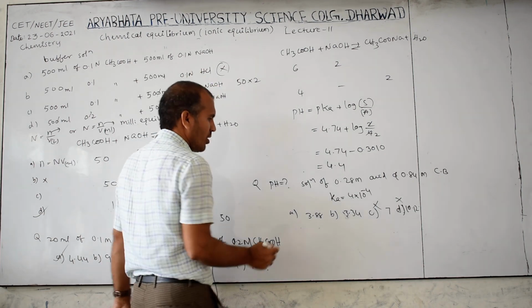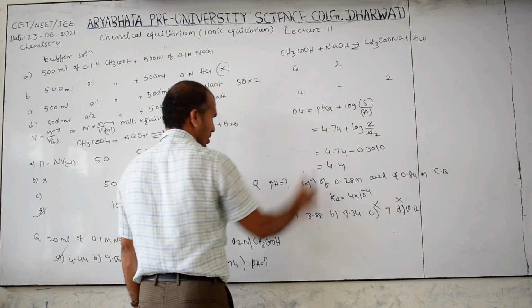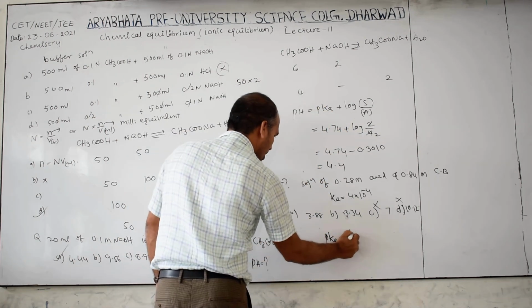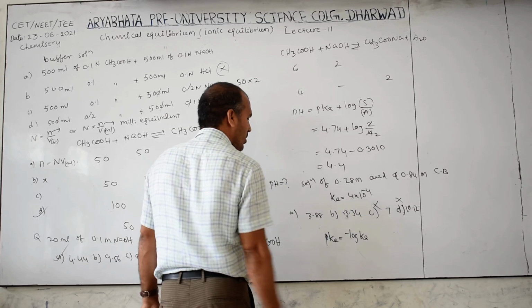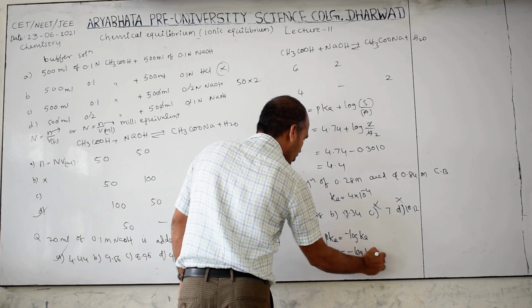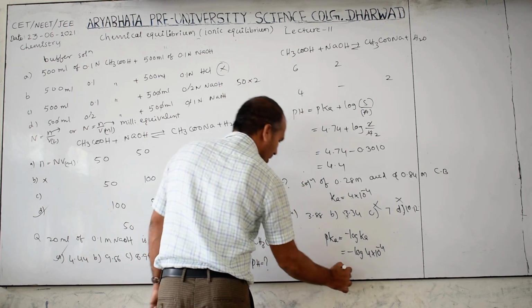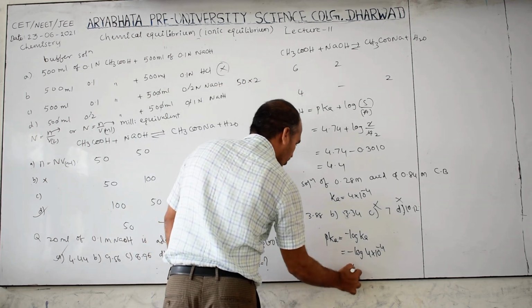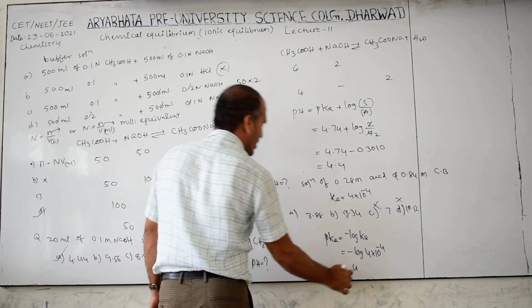Now we know the pH formula, but here Ka is given, then pKa is equal to negative logarithm of Ka. This formula we know. Therefore, negative logarithm of Ka, where Ka is 4 into 10 power minus 4. I directly know this, that's why I am calculating fast here. This is 4 minus log 4 value 0.6.